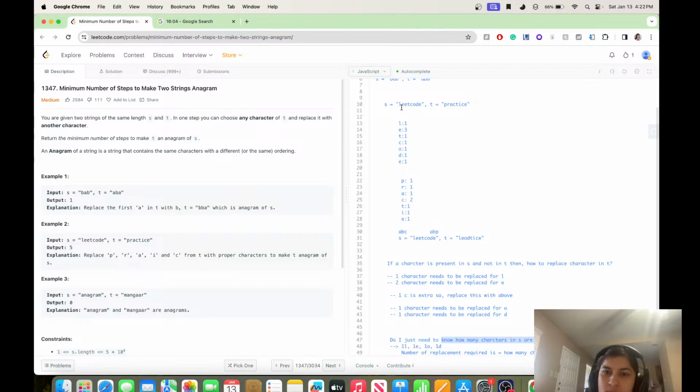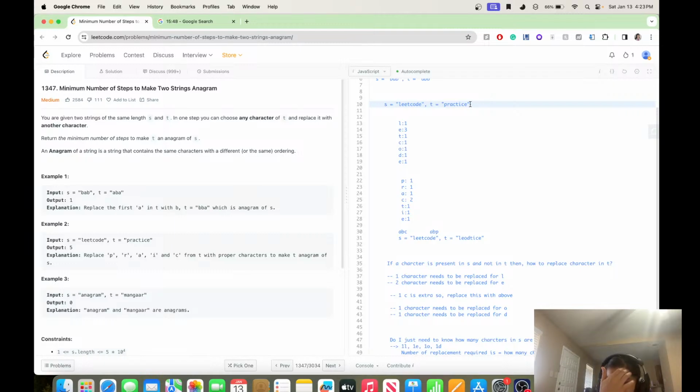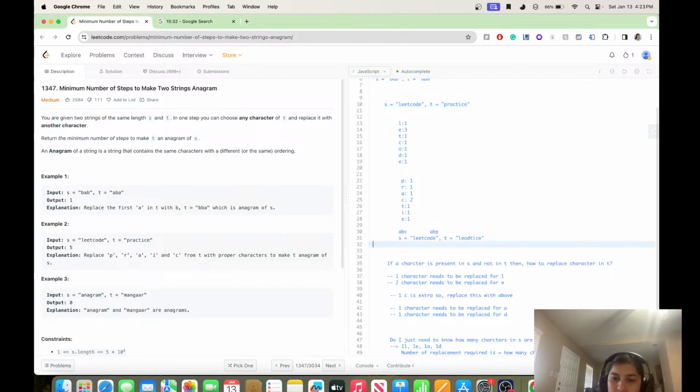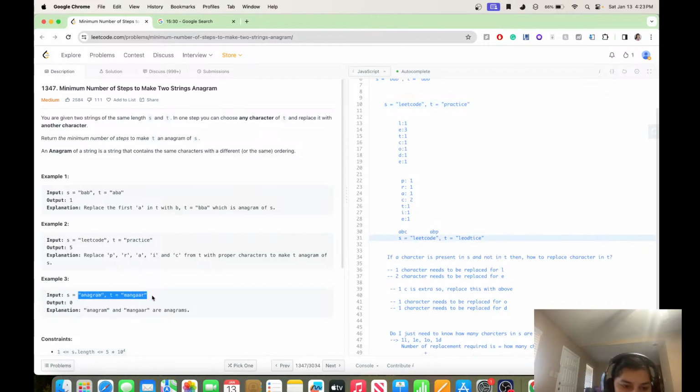Because I just want to make it an anagram, and whichever characters are missing in T, yeah, I just want to make S and T anagrams, right? And I need to edit T. So I just want to know which characters are not in T. So whichever character is not in T, I'll just replace, and the same length, because it is same length, it makes it easier even. Anagram and this one, they are already anagrams, okay?